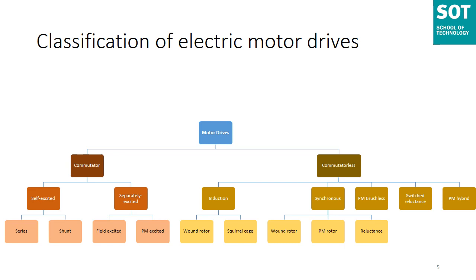So, what do we do nowadays? We use power electronics and microcomputers and work on the principle of FOC, field oriented control, very famously called vector control of induction motors.